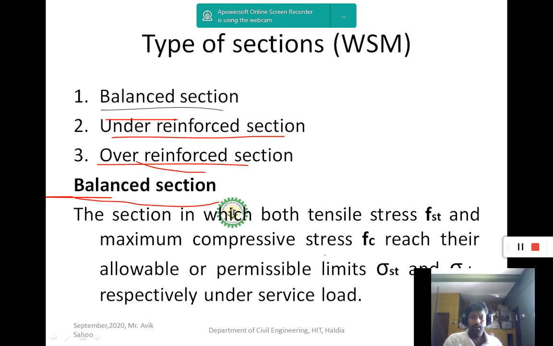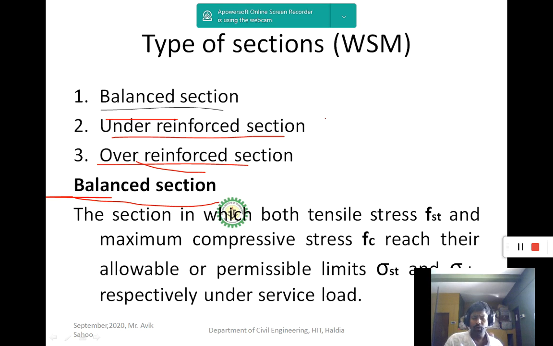Now, when the stress of concrete reaches the allowable stress, I mean the maximum compressive stress at the topmost fiber, because the topmost fibers have the maximum compression.